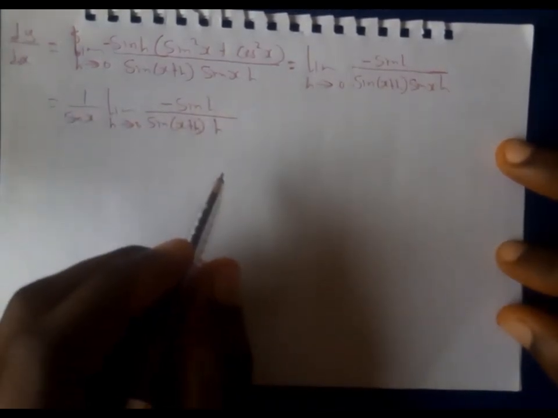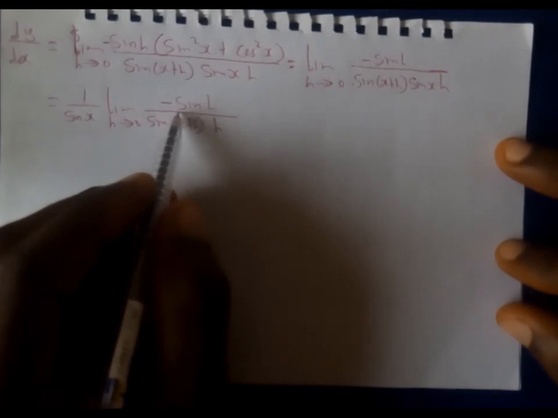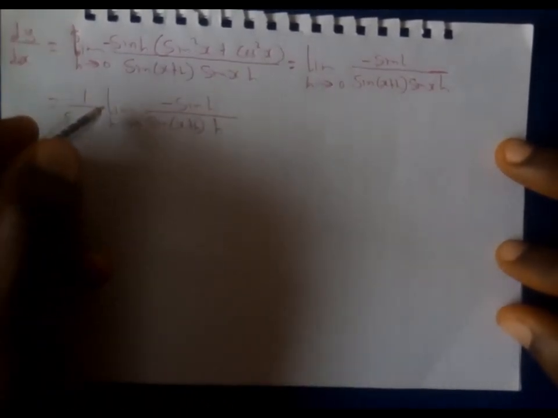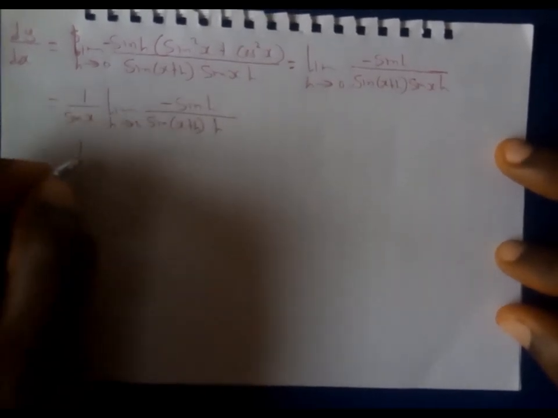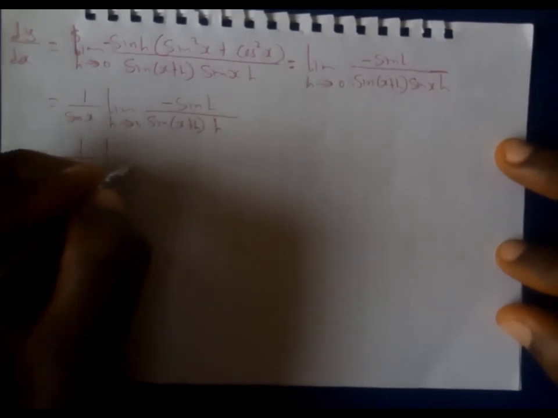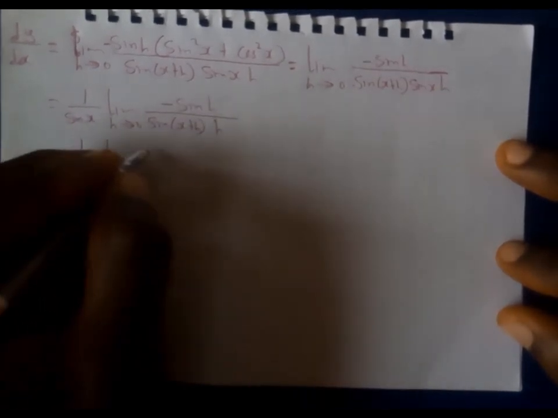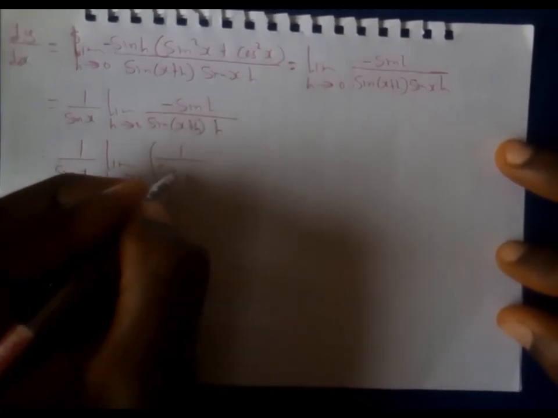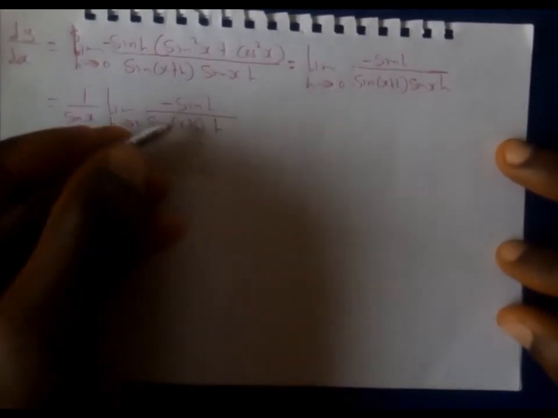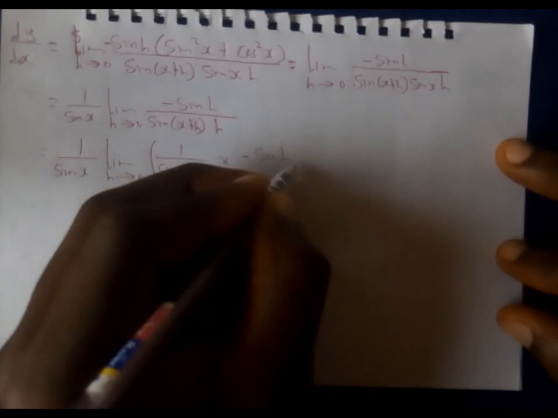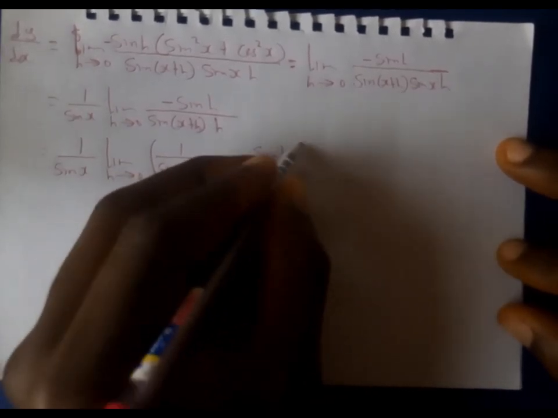Now at this point, what I would like to do is to separate this sine x plus h out, but it won't go beyond the limit. So we have 1 over sine x, then we have the limit as h approaches 0, then I'm going to put it in a bracket, then we have 1 over sine of x plus h. So I'm trying to detach this sine x plus h from the entire expression, so multiply by negative sine h divided by h. Good.